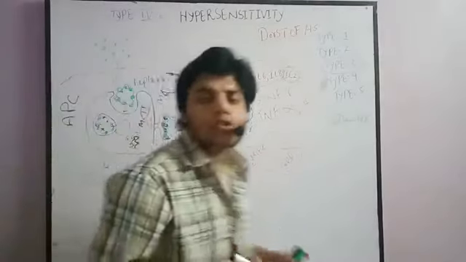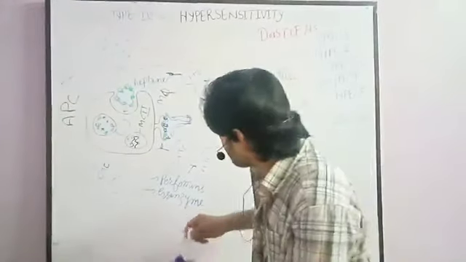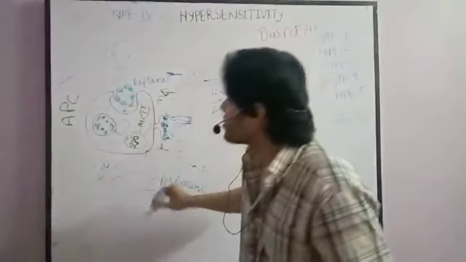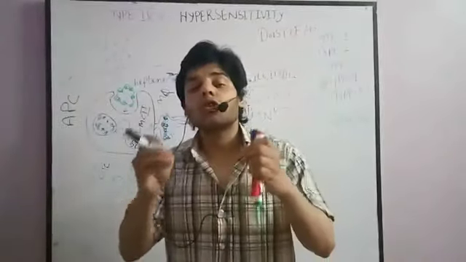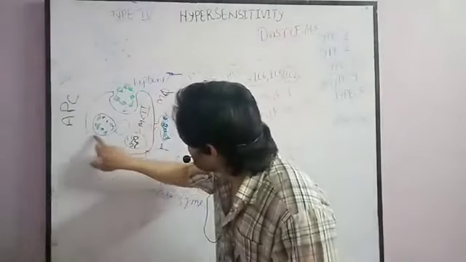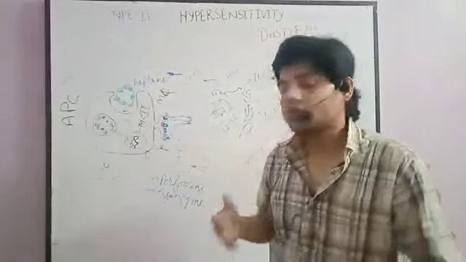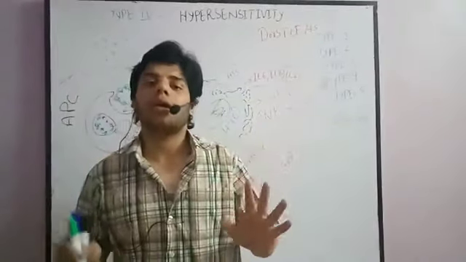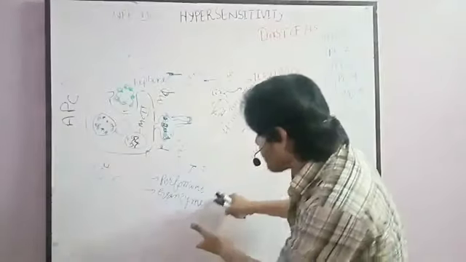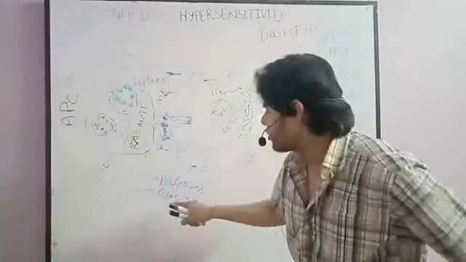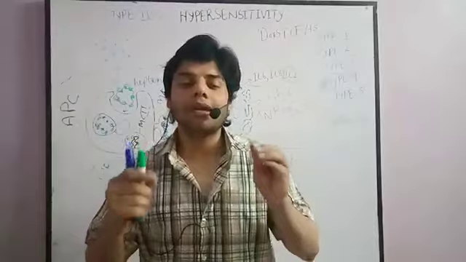Now these two molecules or enzymes cause the destruction of these cells. They will create pores. Due to these pores, these cells will die. So we call it cytotoxic. Here the toxic substances are the perforins and granzymes, and this antigen presenting cell will be finished.